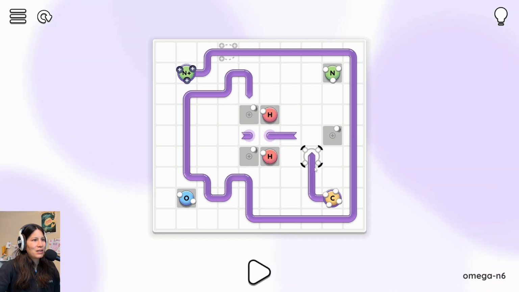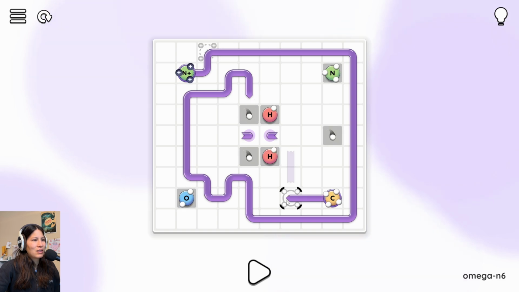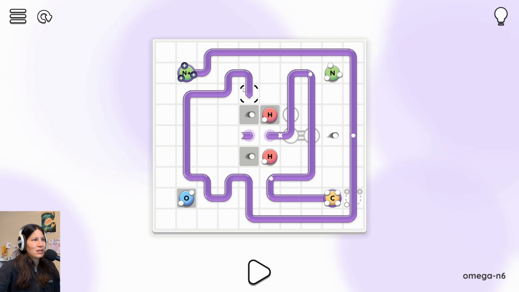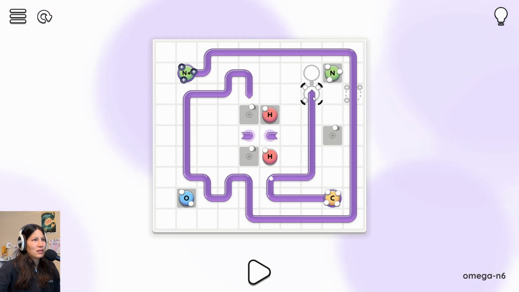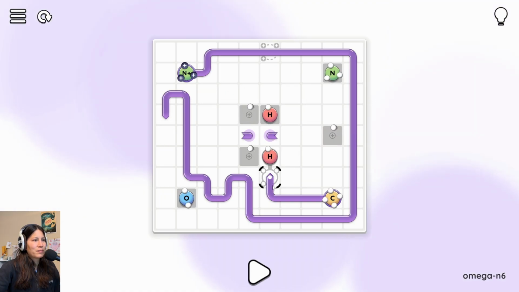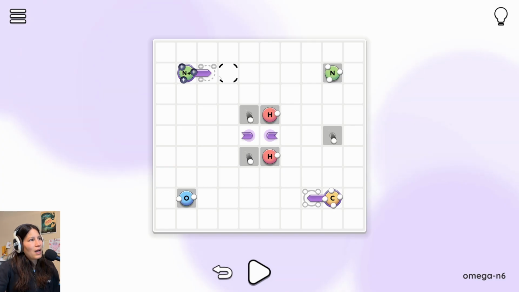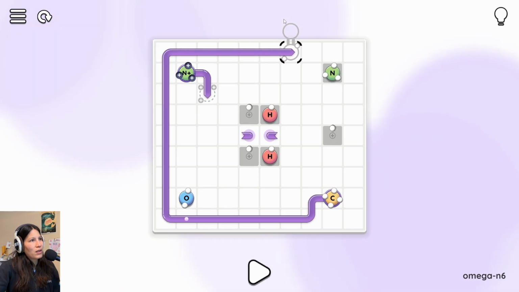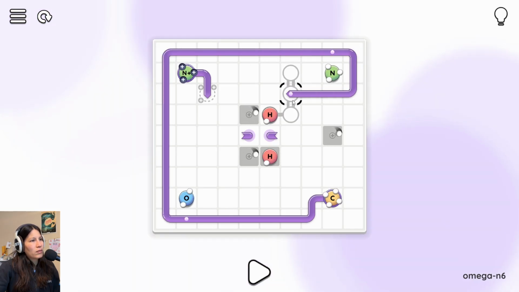I want carbon, hydrogen, nitrogen like that. Yeah, that doesn't seem great. So how? Or do I want the carbon to go around this? That's not good. Oh wait, I can do that though, right?